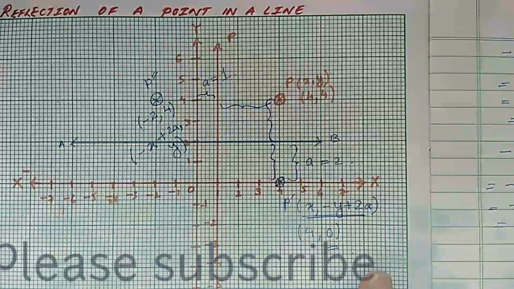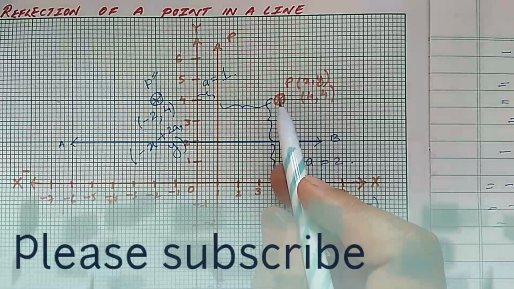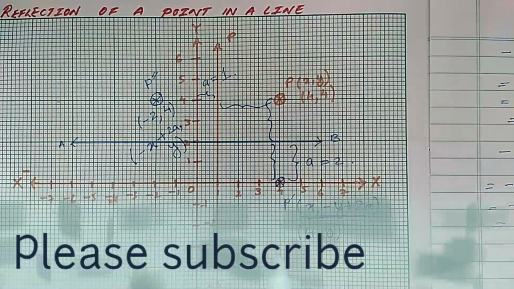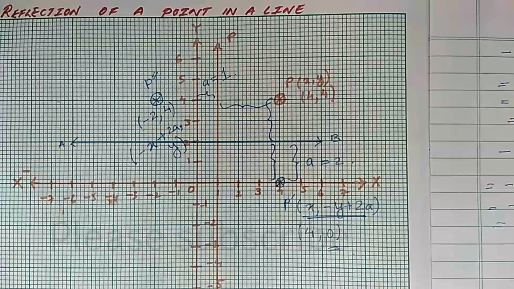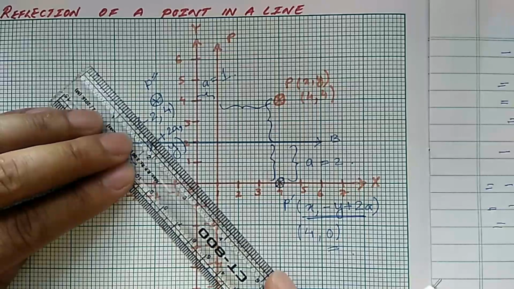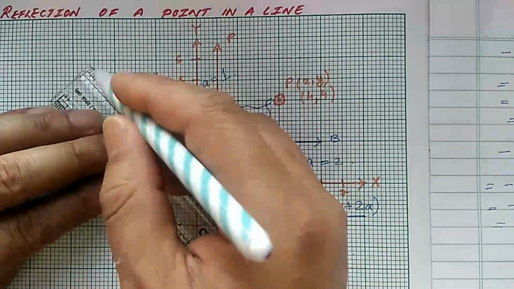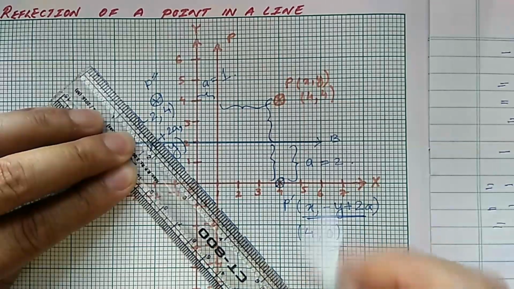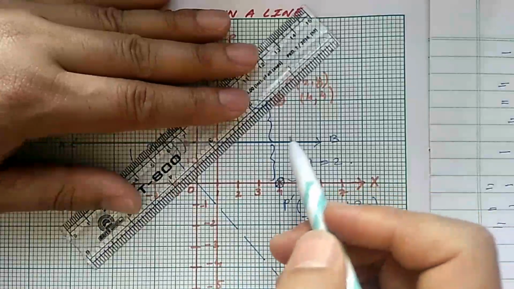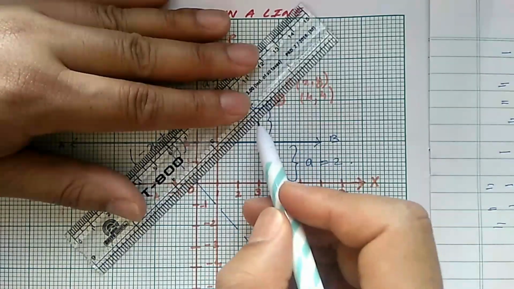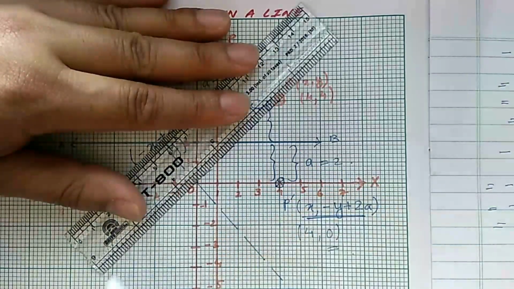Now let's look at the last case. What if the point P is reflected through the origin, or through a point O (0, 0)? Then we'll have to consider a line passing through the origin such that this line makes an angle of 90 degrees with the line joining the origin and the point. And the image will be formed exactly on the other side.